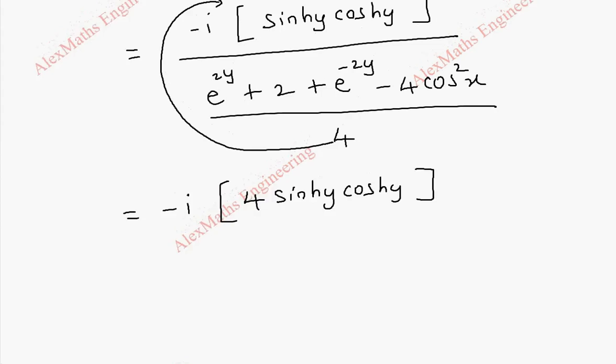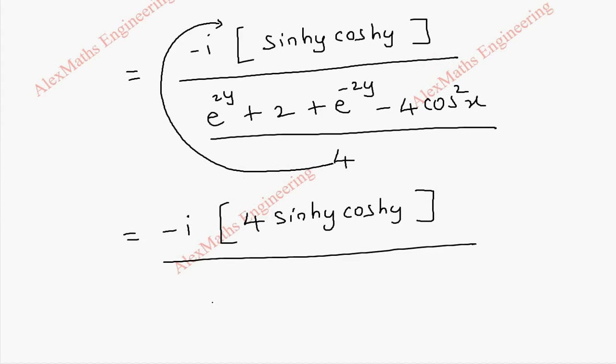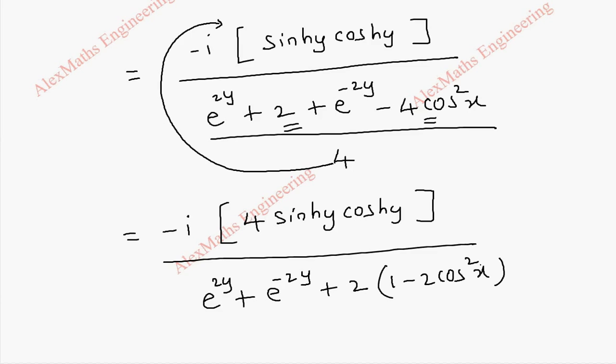We shall take e power terms first together, e power 2y plus e power minus 2y, and we have this 2 and minus 4. From this, if I take 2 common, we have 1 minus 2 cos square x. After taking 2 common, 1 minus 2 cos square x.